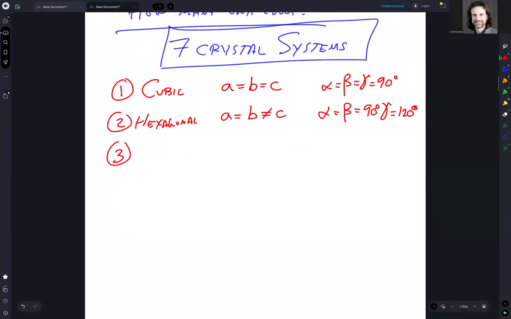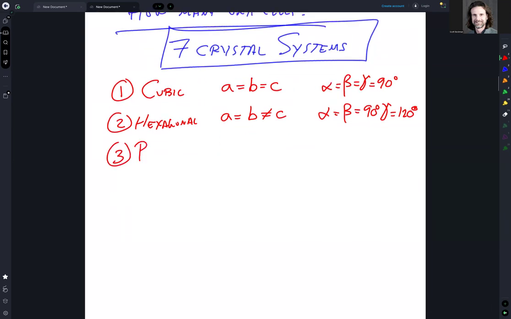Three, we can have the rhombohedral unit cell, and some people call this trigonal. I don't know the history behind that, but it's worth knowing that there are sometimes two names. I should look that up at some point to see why these two are different.